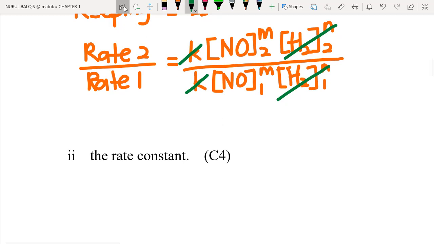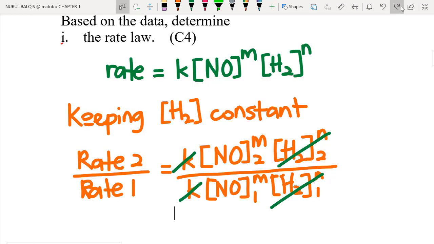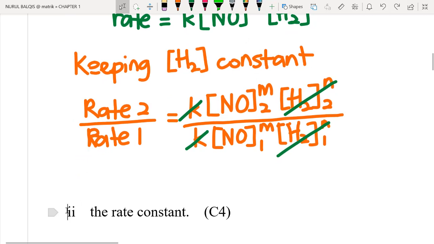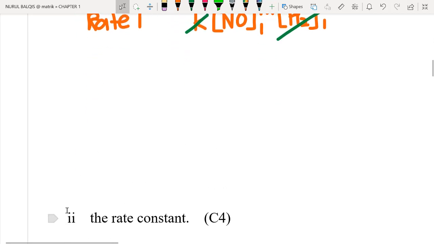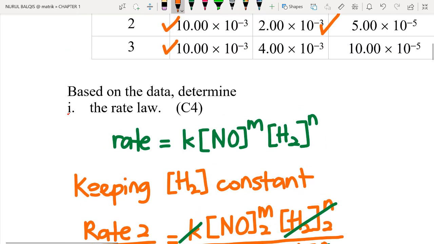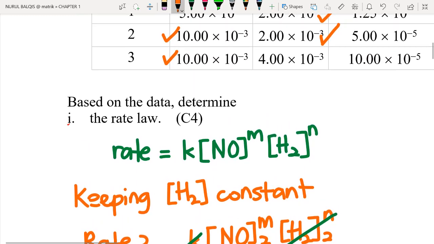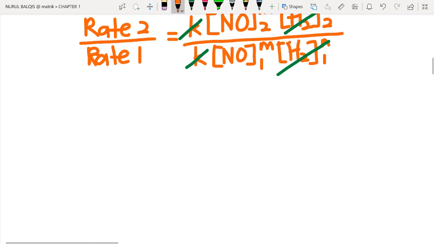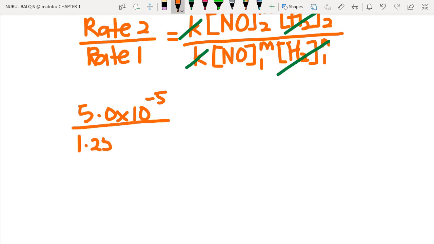We don't have enough space in here, so we need to create some space. Okay, now this number again.